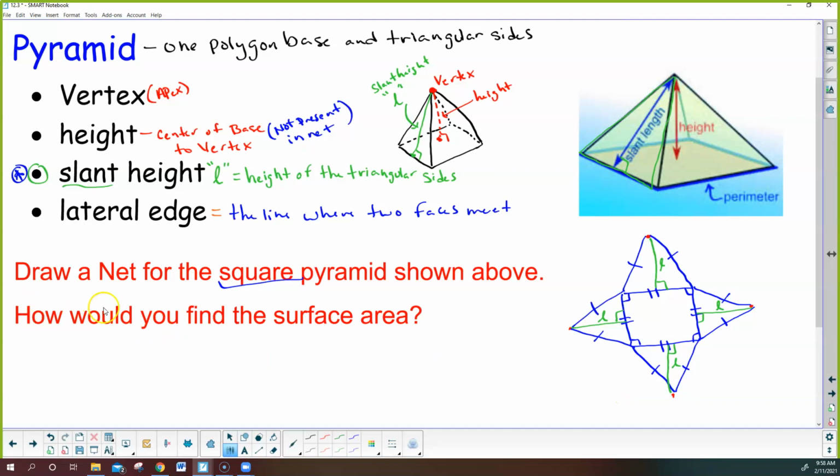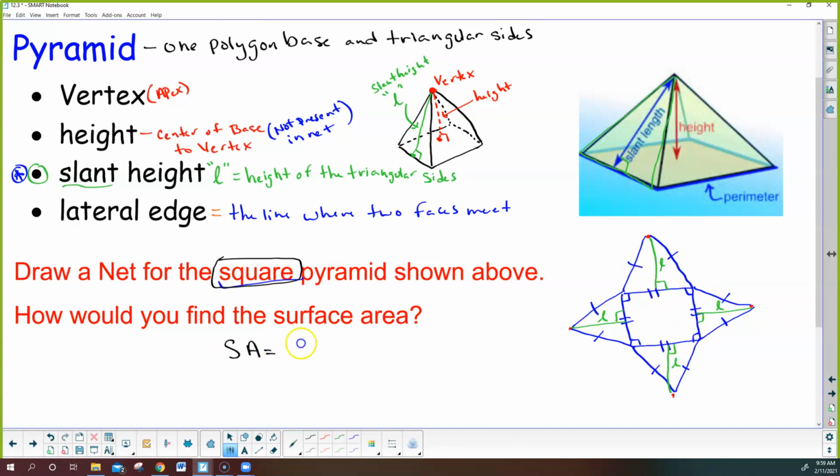So we're not going to physically write this out. This is just kind of something to think about. How would you find the surface area? Because it's a square, now if this was a rectangular pyramid, opposite triangles would be congruent, but since it's a square, we've got 4 congruent triangles.